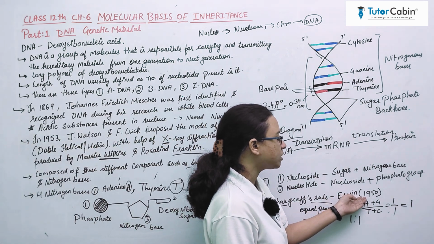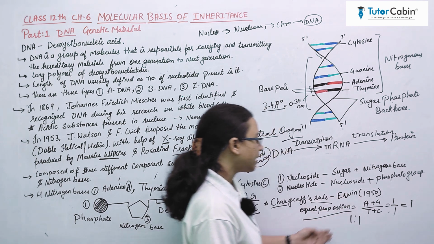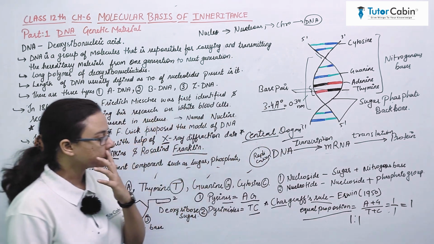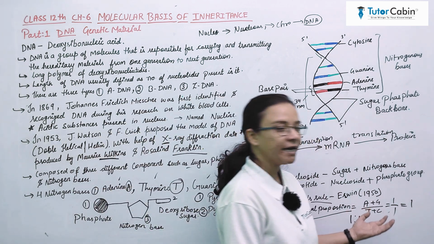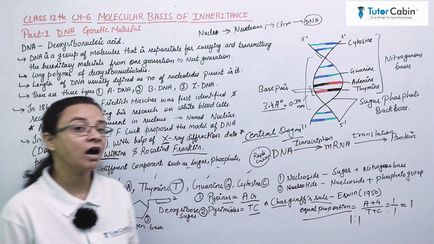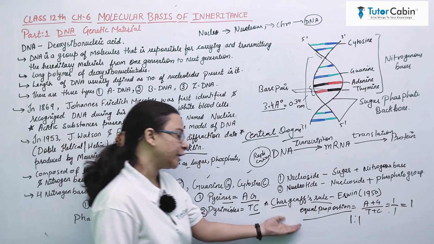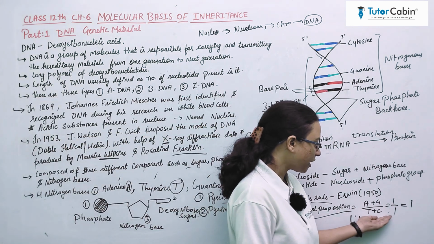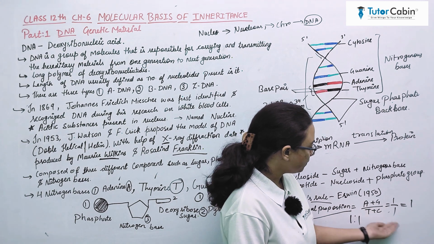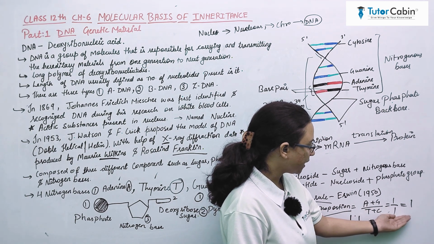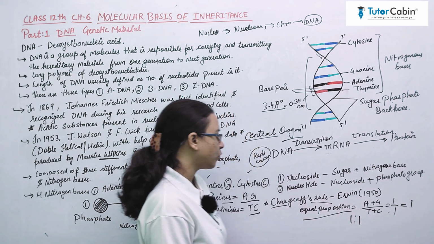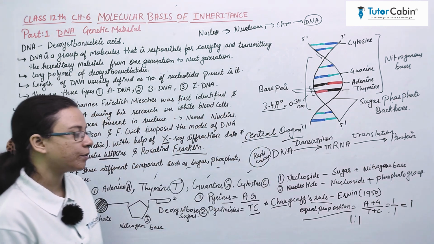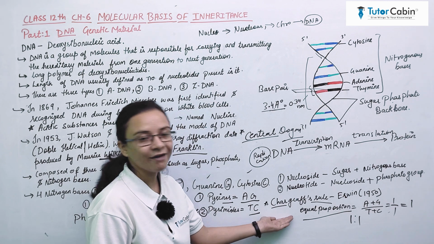William Chargaff proposed the rule in 1950, and proved that purines and pyrimidines, meaning adenine, guanine, and cytosine, thymine, are present in DNA in equal proportion. The ratio is 1 to 1. So it is proved by Chargaff's rule that both are present in equal proportion.